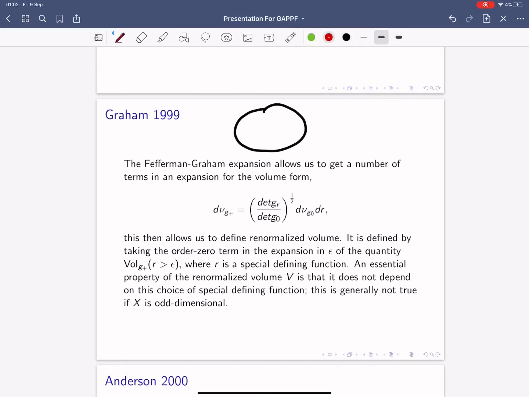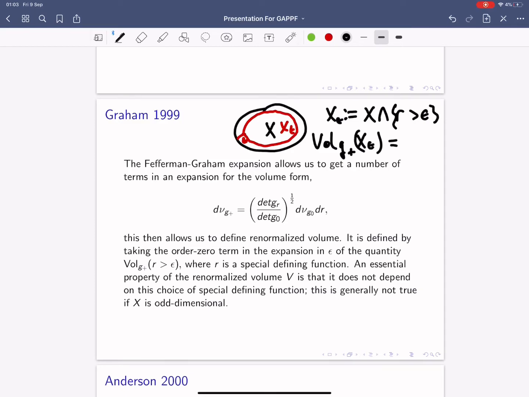say this is X. If you pick some epsilon, which is a kind of distance to the boundary with respect to G plus, and you take the set X epsilon, which is just defined to be X intersect R greater than epsilon, and compute the volume of this with respect to G plus, this would be some finite number.